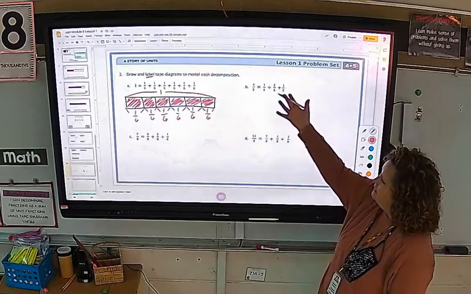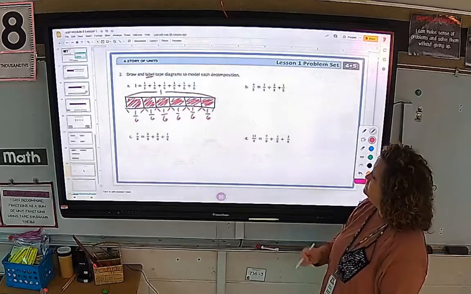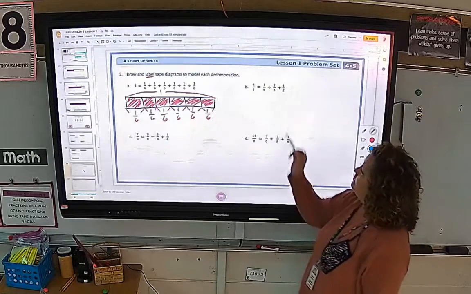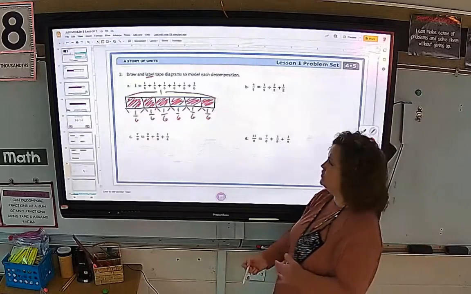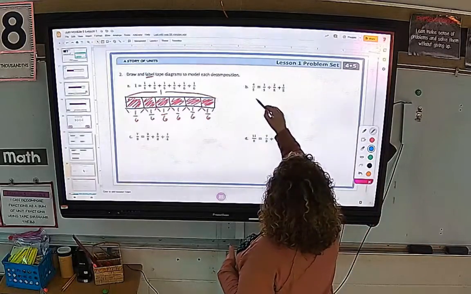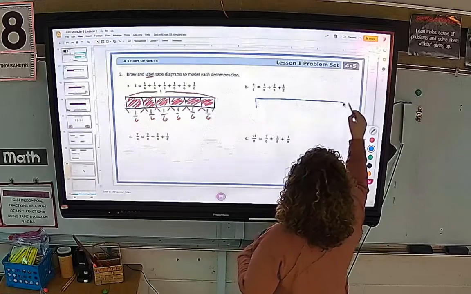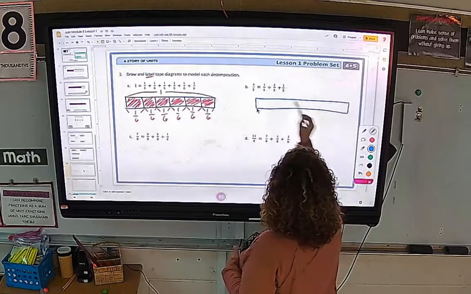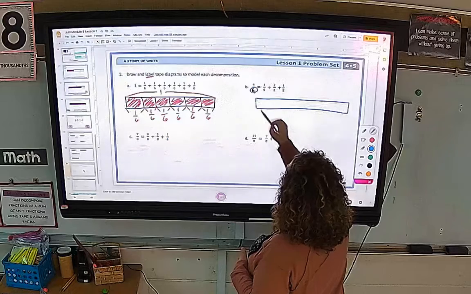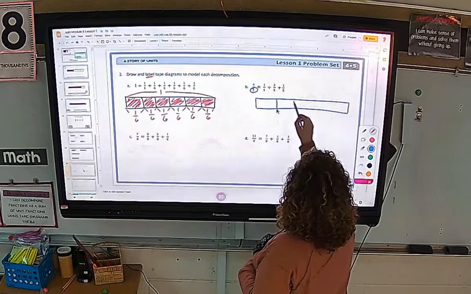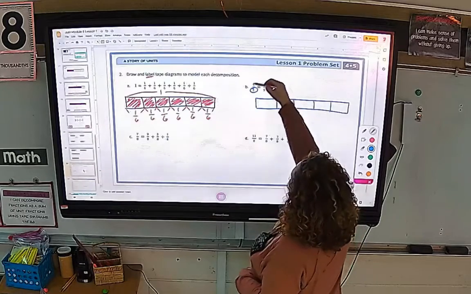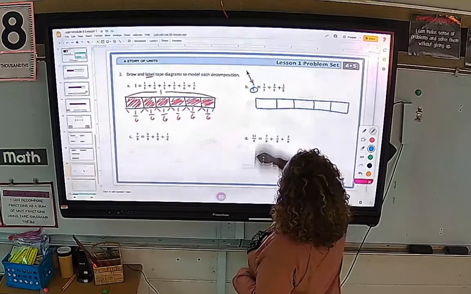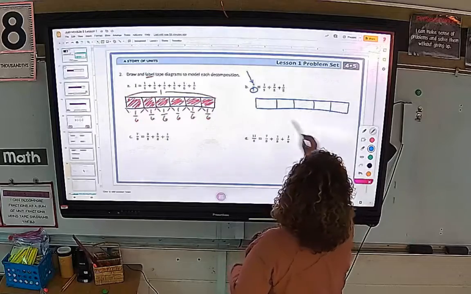Now, when we get into one like this, some of the pieces are unit fractions and some of them are a little larger. So we've got 4/5. I've got to cut this into 5 pieces. Okay, I have 4 of them, so I'm going to shade 4 of them.